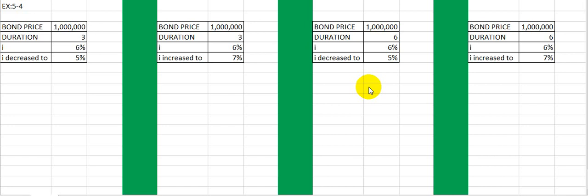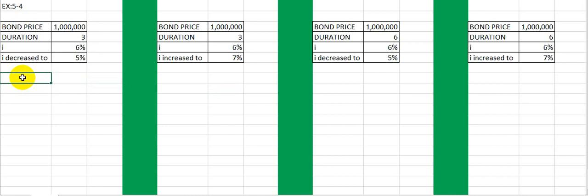I have prepared the following. Let's start with the change in the price of the bond. Had the duration been 3 years, the interest 6%, and it fell from 6 to 5%.